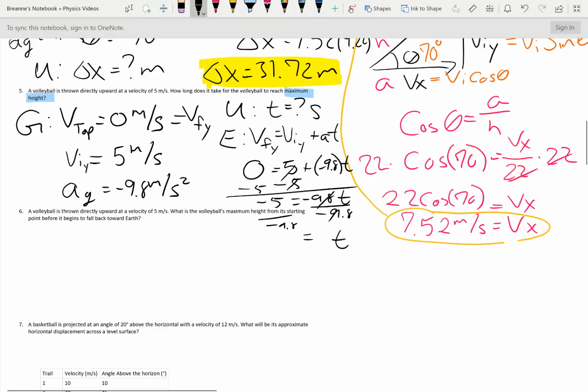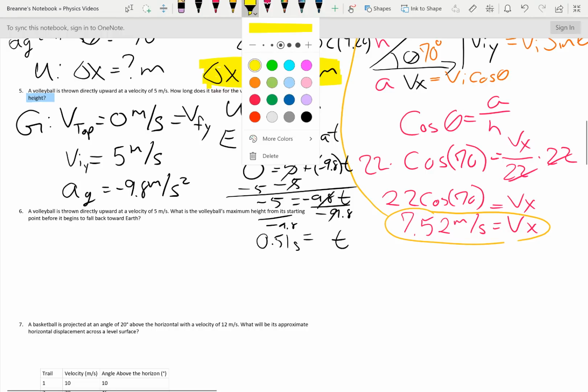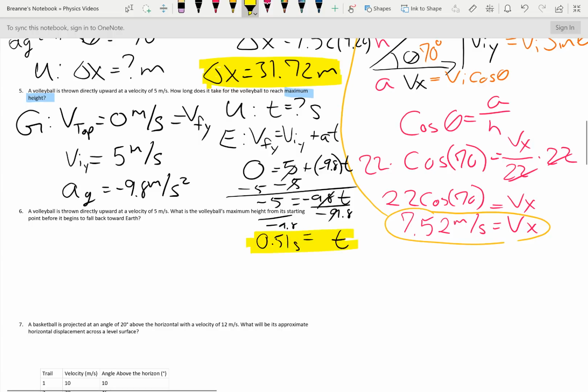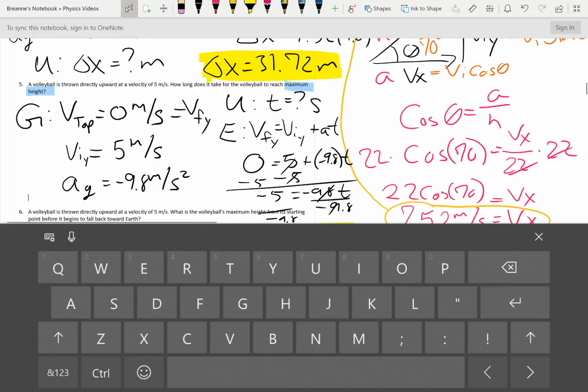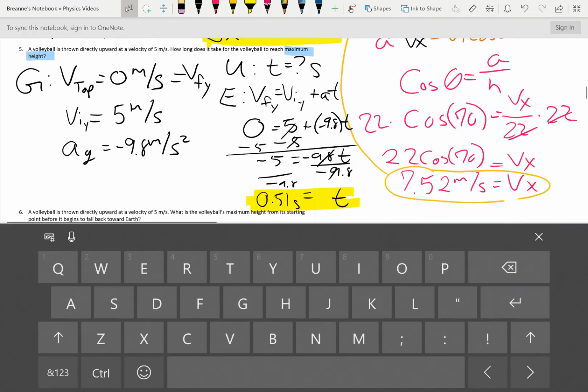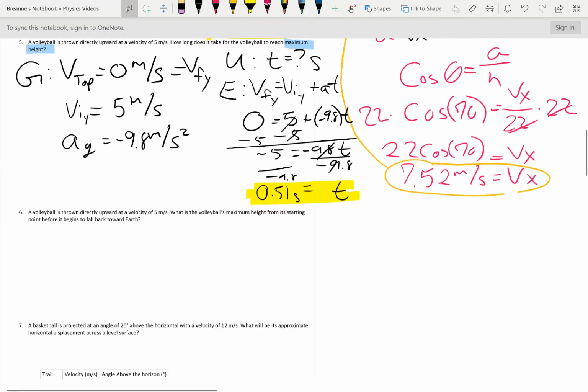So it takes about 0.51 seconds to get there. There we go.